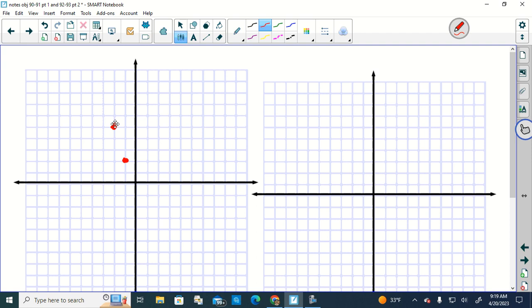And then I had 0 up 1. And then over 1 up 2, so over 1 up 2. And then over 2 up 5, so over 2 up 5. And then we draw our parabola, going like this.